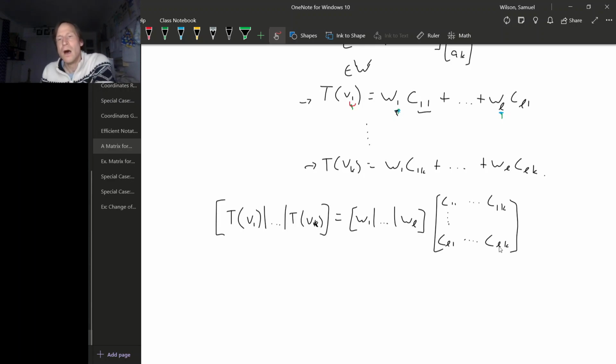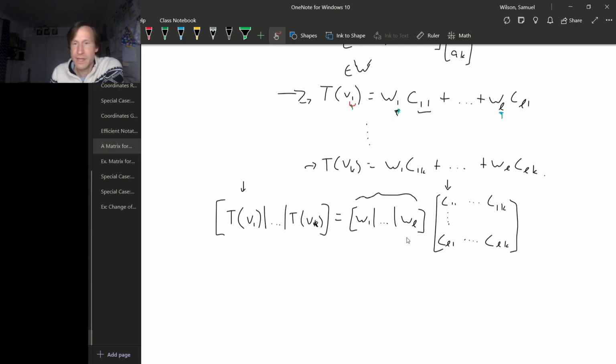All right. Now we can check that this is correct, because if we take this matrix with the W's and do the matrix product with just the first column from the C's, we should get the first column on the left-hand side. And if you do this, you get C11 times W1 all the way up through CL1 times WL, but that is this first row, so that is T of V1.